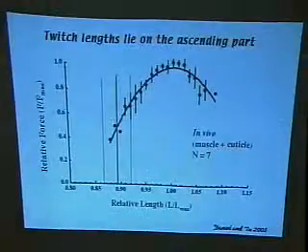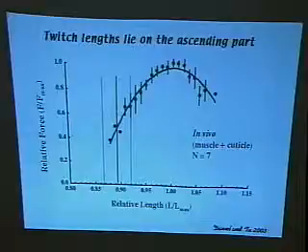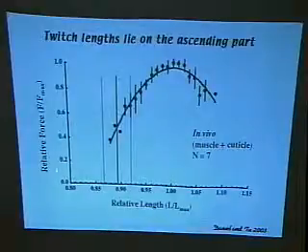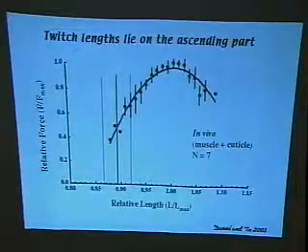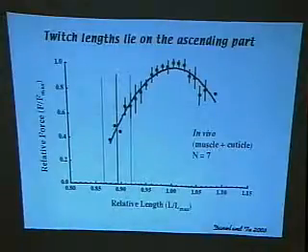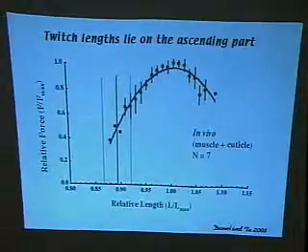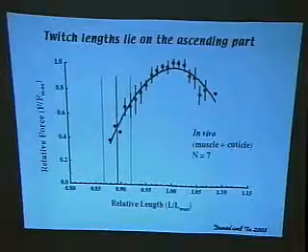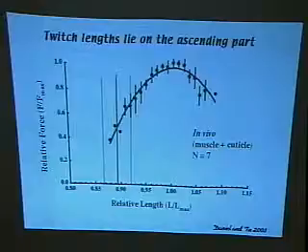Here is one of the results, and this is a plot of the relative force produced by these powerful flight muscles as a function of their relative length, okay? And the only thing I want to point out about this today is that, number one, this is actually an extraordinarily steep length tension graph by the standards of skeletal muscle.